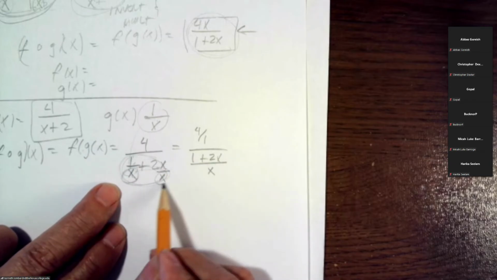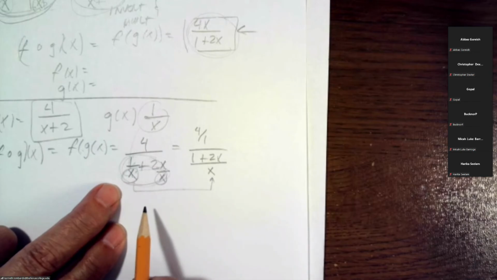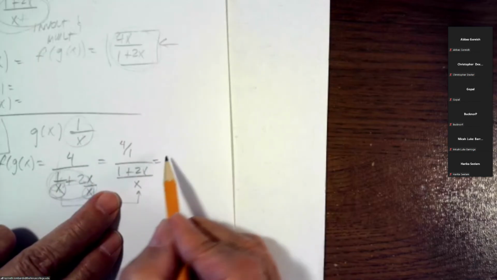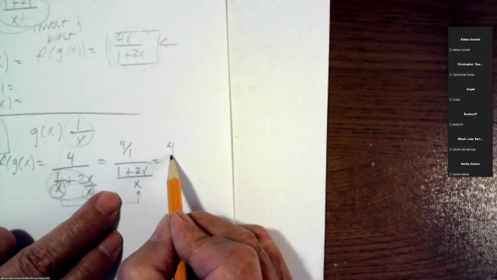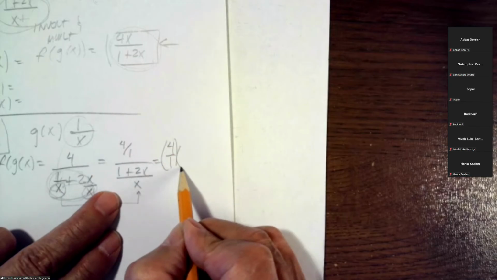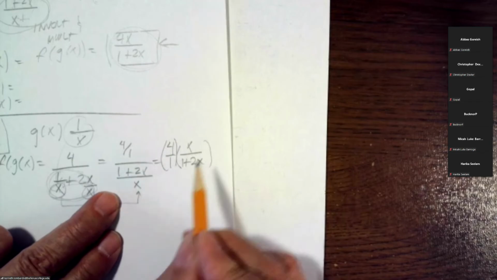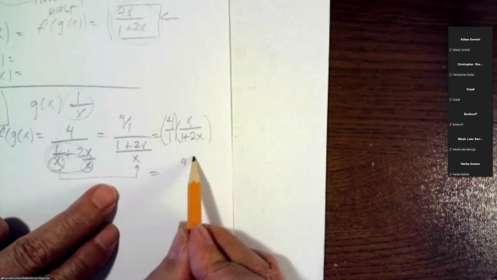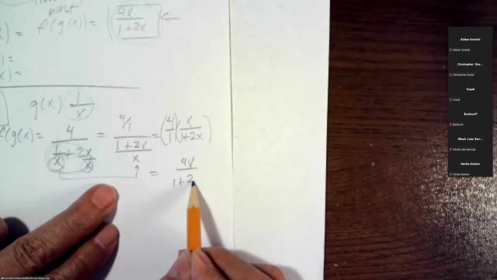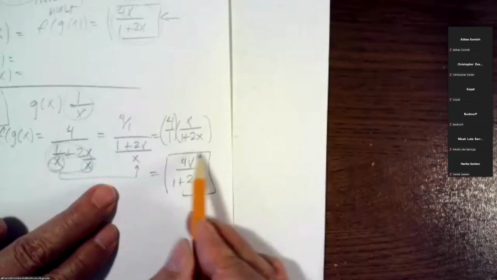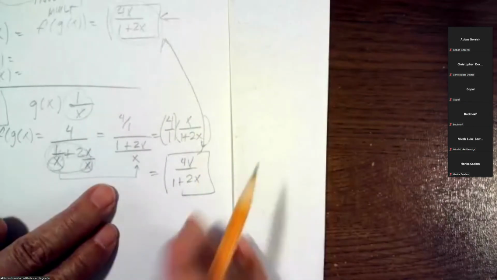The common denominator is just x. And then I invert and multiply, and I get 4 over 1 times x over 1 plus 2x, which is 4x over 1 plus 2x, which is what we had here.